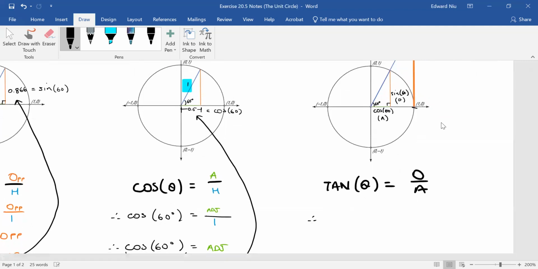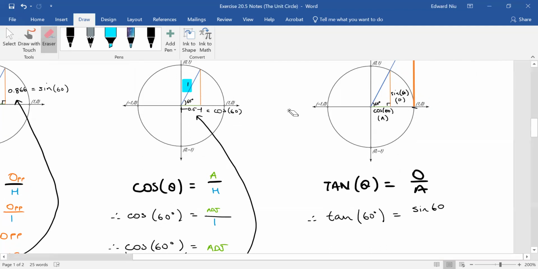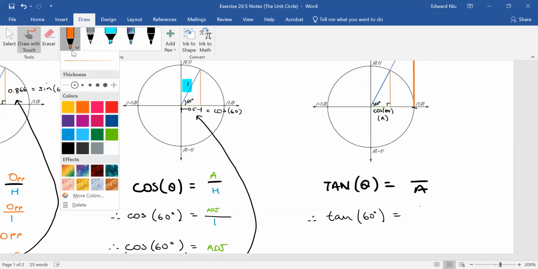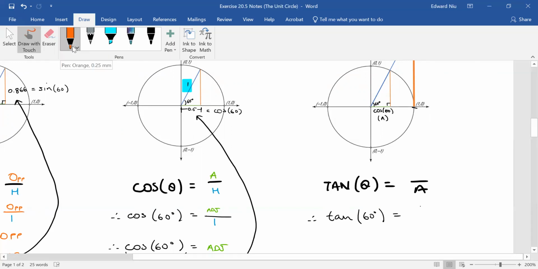So therefore, what we can say is tan 60 degrees equals the opposite, which is sine 60. Maybe I should write it in the same color. Let's keep it orange. The consistency matters because some people might not watch this video and just look at the notes.